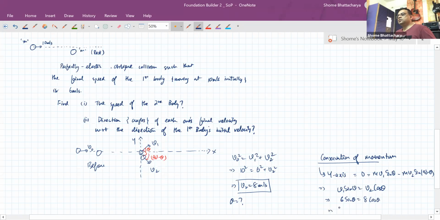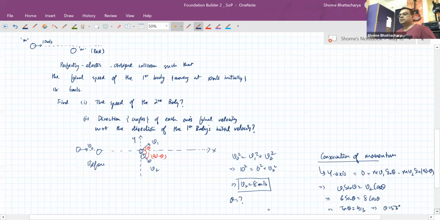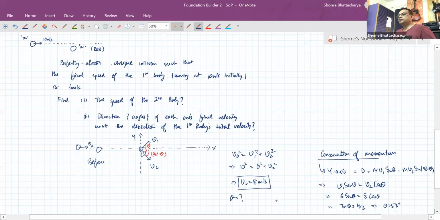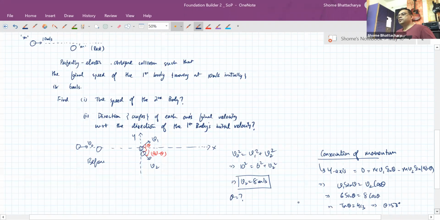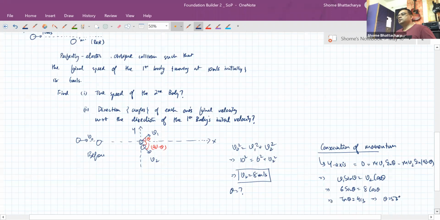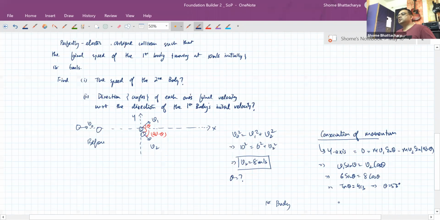So you can see tan theta is 4/3, which means theta is 53 degrees. So the first body is at theta equal to 53 degrees and the second body at 37 degrees with respect to that velocity.